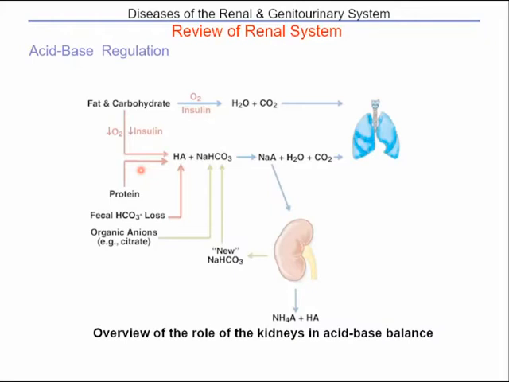In particular, the oxidation of sulfur-containing amino acids results in the formation of sulfuric acid. In comparison to the very high rate of carbon dioxide production, which is about 15,000 millimole per day, only about 50 to 100 mEq of non-carbonic acid is produced each day.